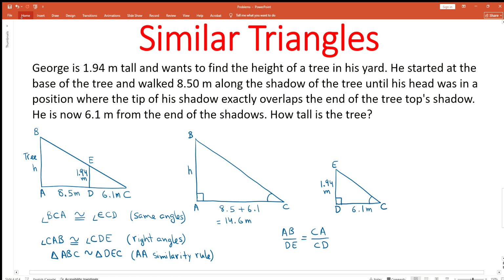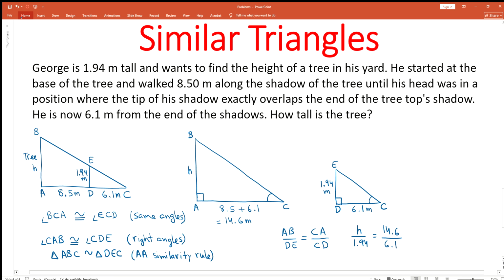Next, we can sub in the values. AB is h, the length of side DE is 1.94, the length of side CA is 14.6, and the length of side CD is 6.1.